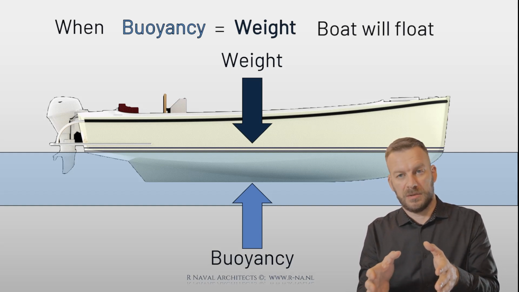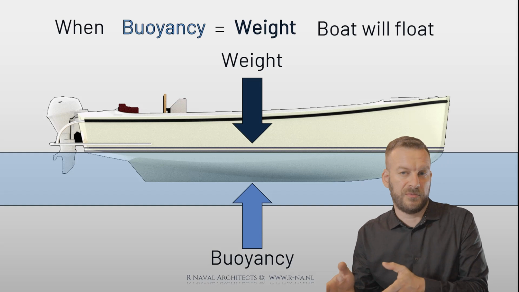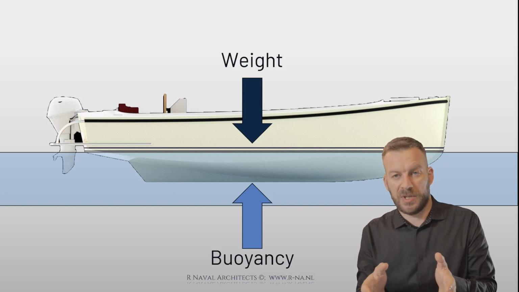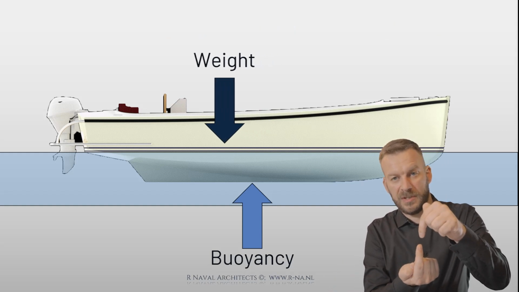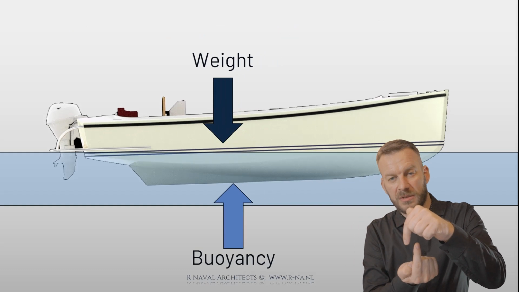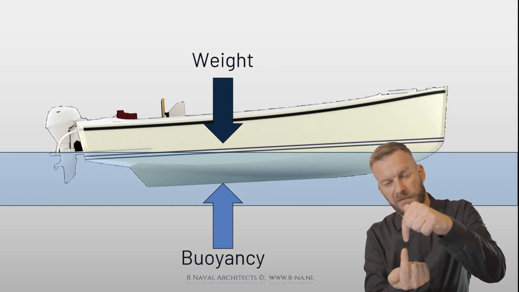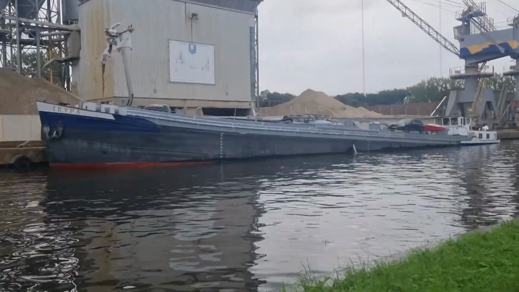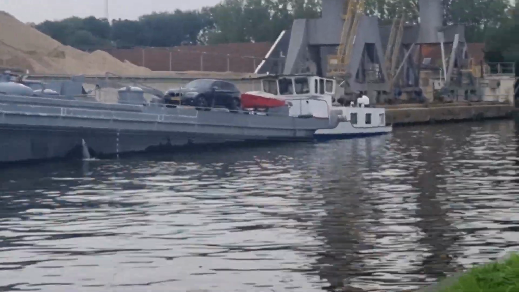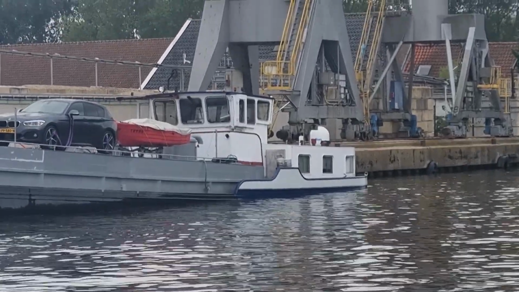Now imagine that somebody walks into our small boat and changes position. What's going to happen? Well, the center of gravity is going to shift. In that moment, the boat will start tilting to that side and the center of buoyancy is going to shift until it reaches the same vertical line as the center of gravity. And then it's going to be in equilibrium again. So that's it. That's how the trim works.